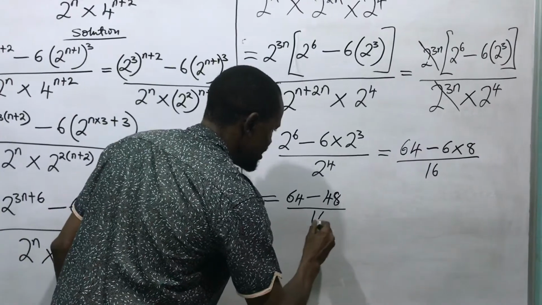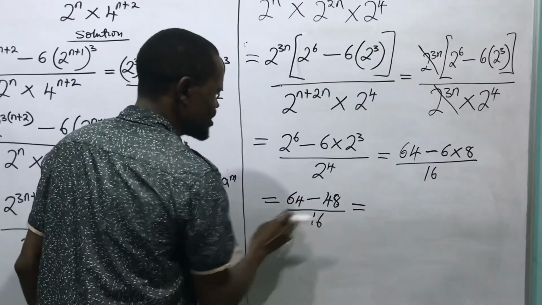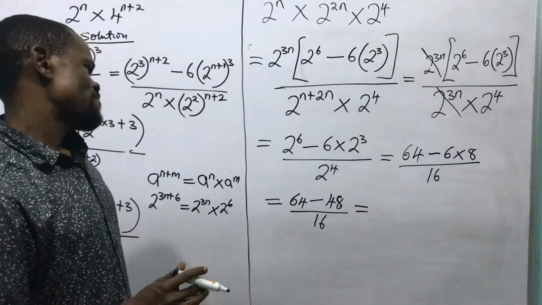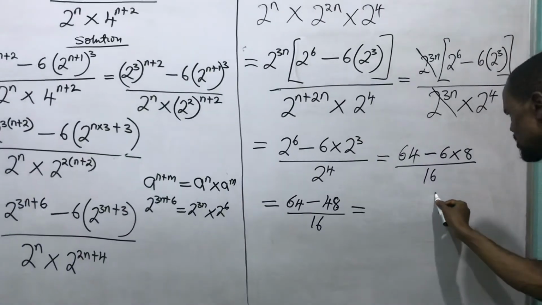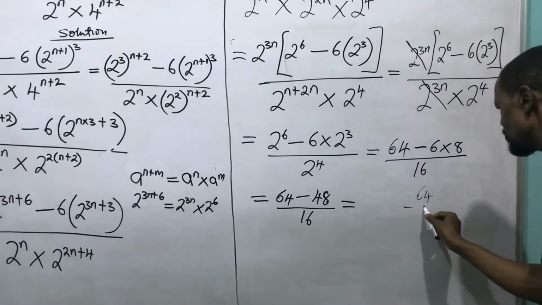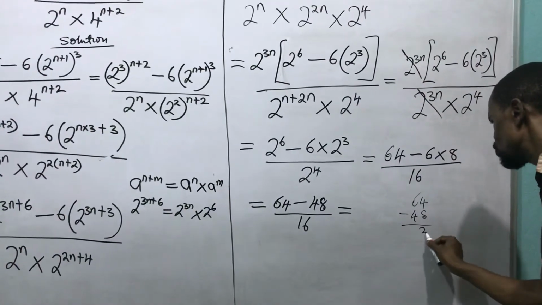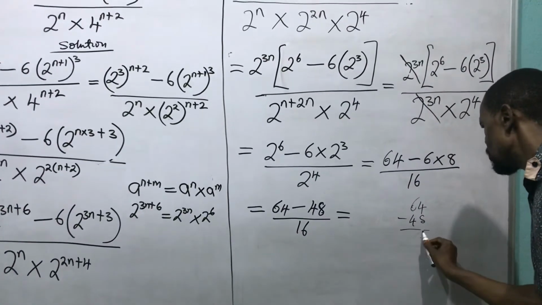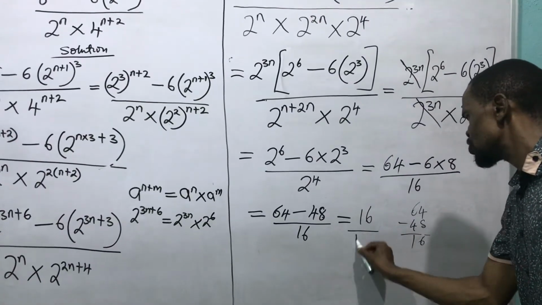Divide by 16. And this minus this, 64 minus 48. Can somebody do that? Look at 64 minus 48. That will give me 16, all over 16.